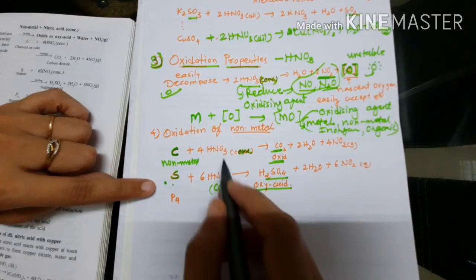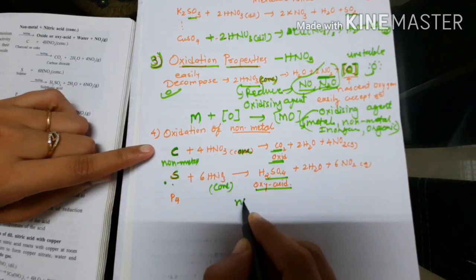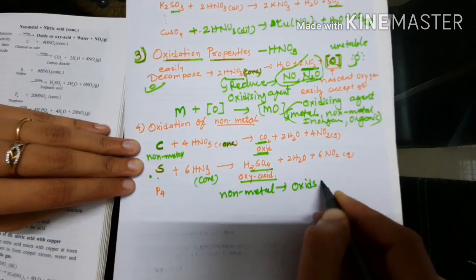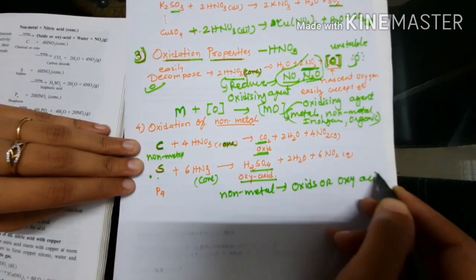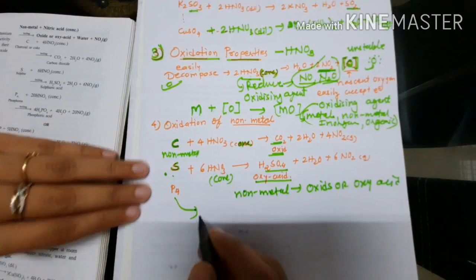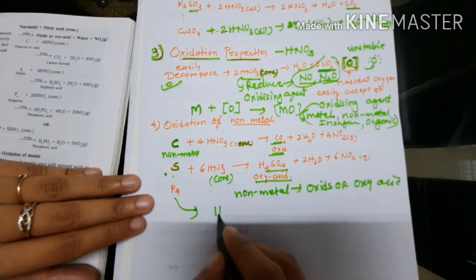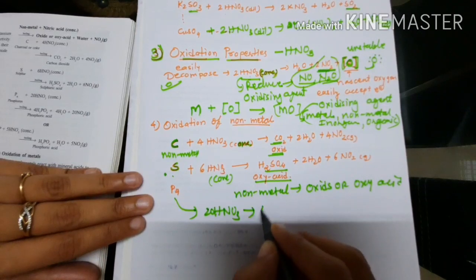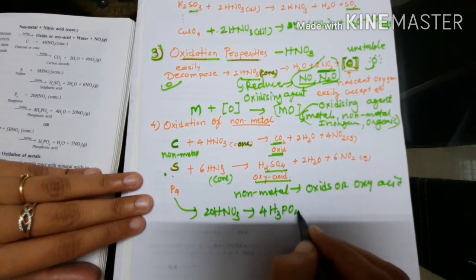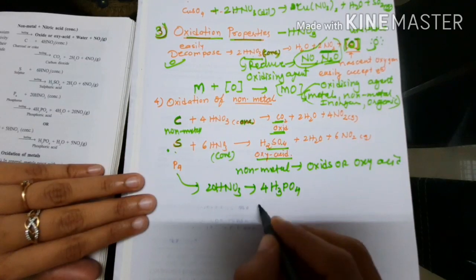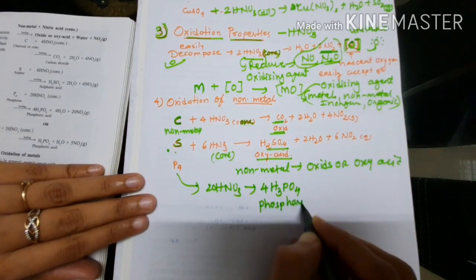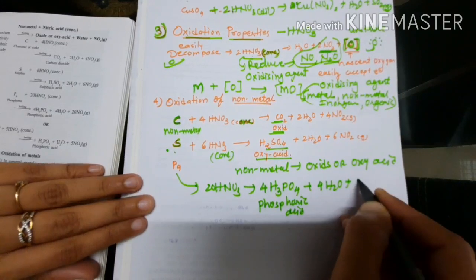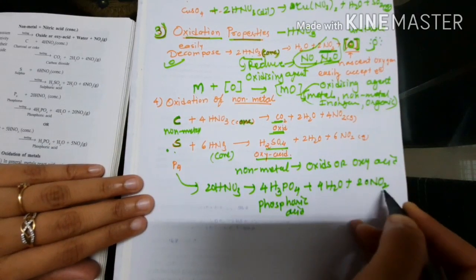So we can say that when HNO3 reacts with a non-metal, it converts to oxides or oxy acids. For example, P4, phosphorus, when it reacts with HNO3, converts into 4H3PO4, this is phosphoric acid, plus 4H2O plus 20 NO2. Nitrogen dioxide is always produced.